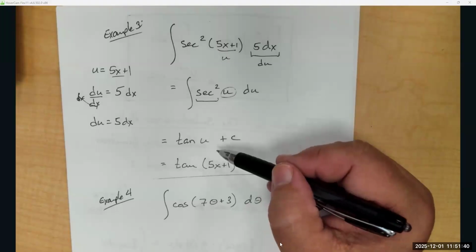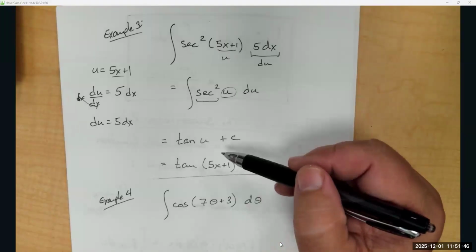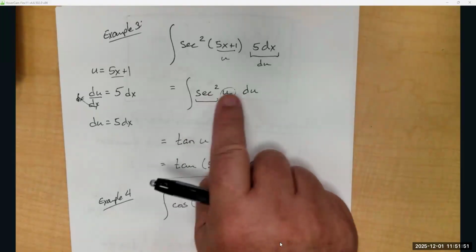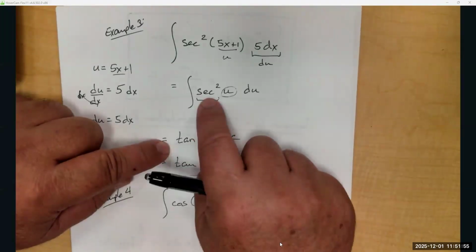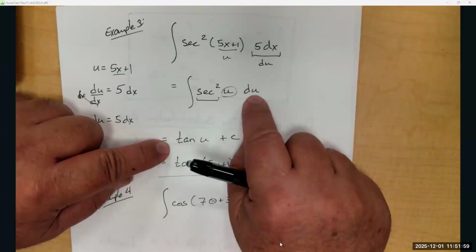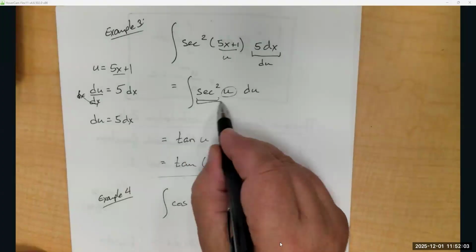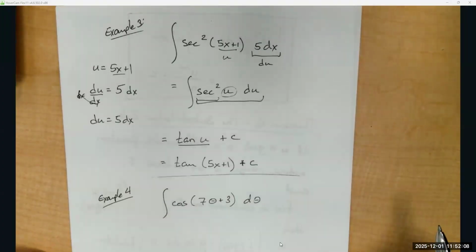I guess I'm missing where the du went, because we got rid of the integral and we got rid of du. Yeah, because the integral of secant squared of u du: the derivative of tangent is secant squared, and the derivative of u is du. So that's the chain rule aspect of it. This is the result of the chain rule of this function.